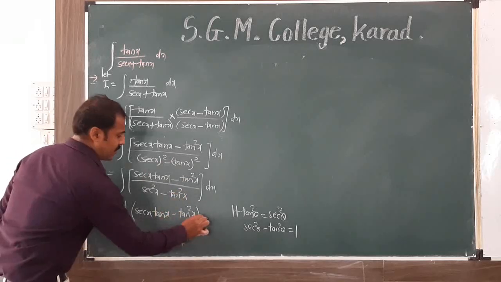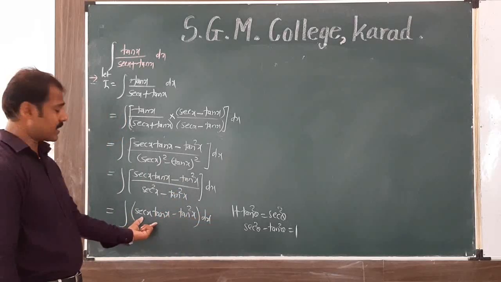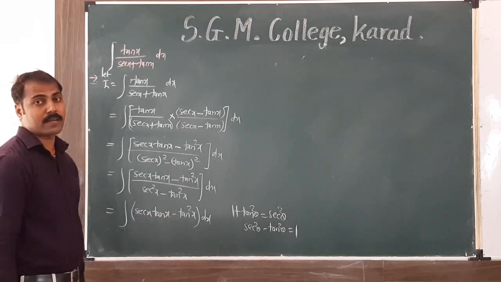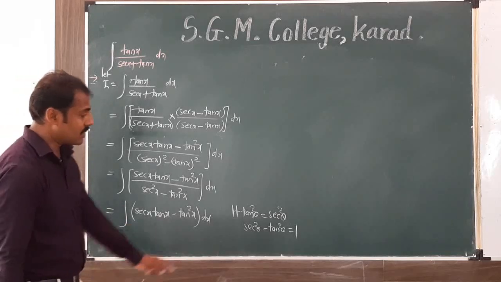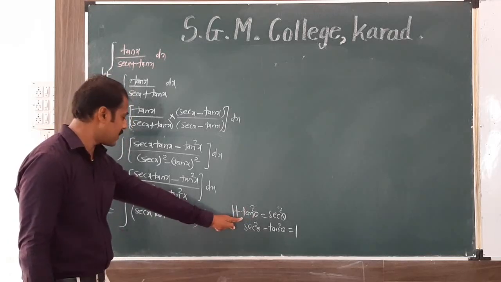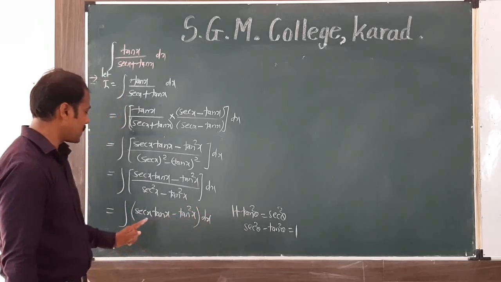Don't write there, dx. Okay, we easily find the integration of sec x into tan x, but to find the integration of tan square x, we write tan square x as sec square x minus 1. From the fundamental identity, tan square x can be written as sec square x minus 1.